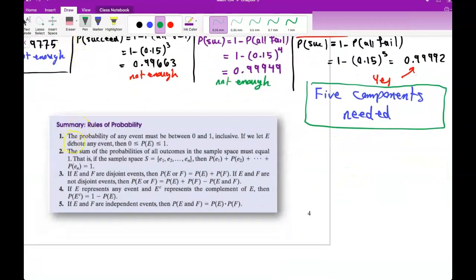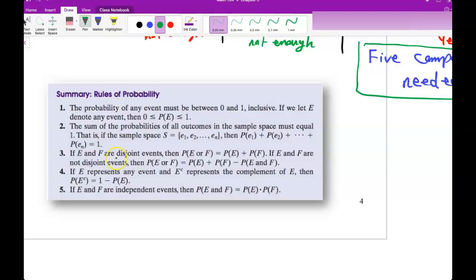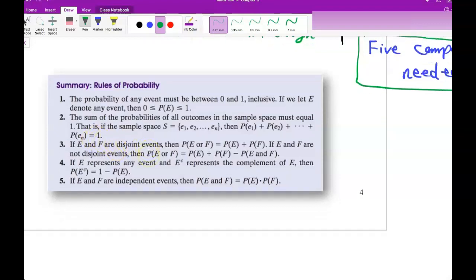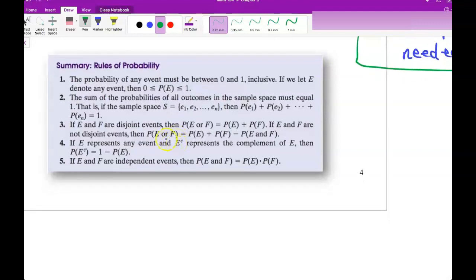Okay, and this is where we have the summary rules of probability. We covered all these. The probability of each event should be between 0 and 1, and adding all of them should be equal to 1. When you have or in between, this is union: the probability of E plus the probability of F minus the probability of E and F, and is intersection.